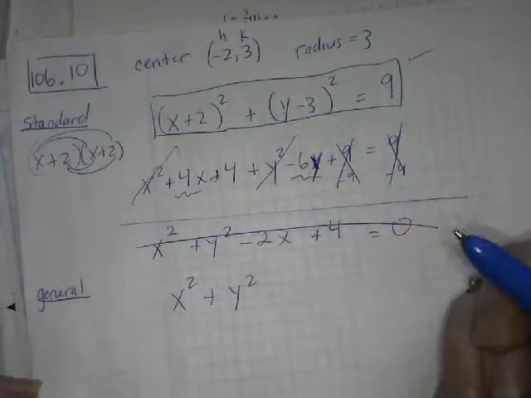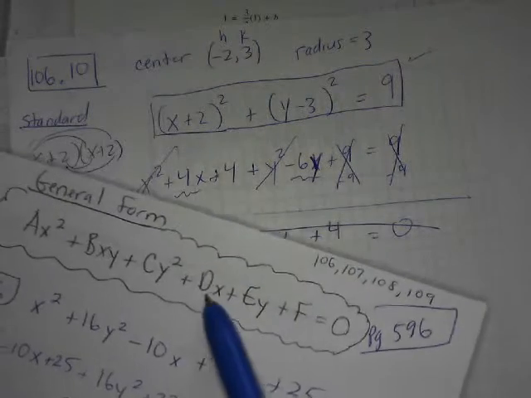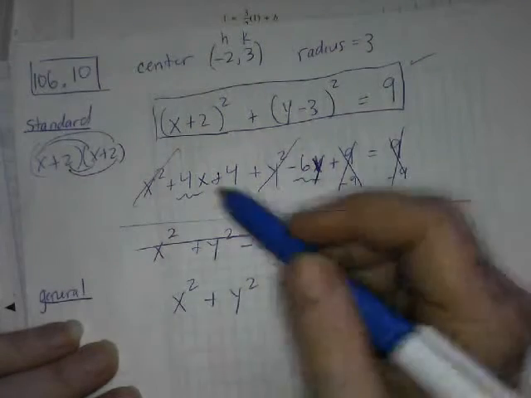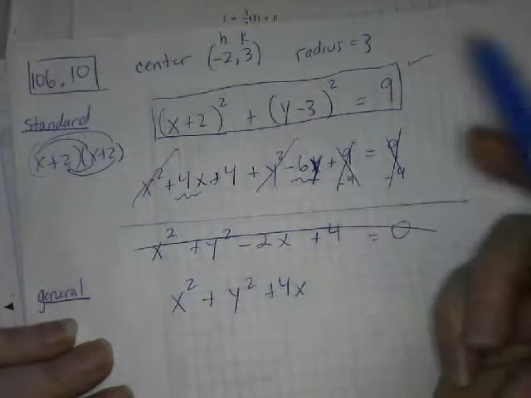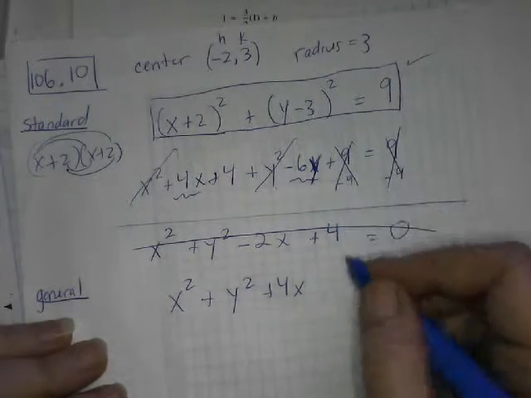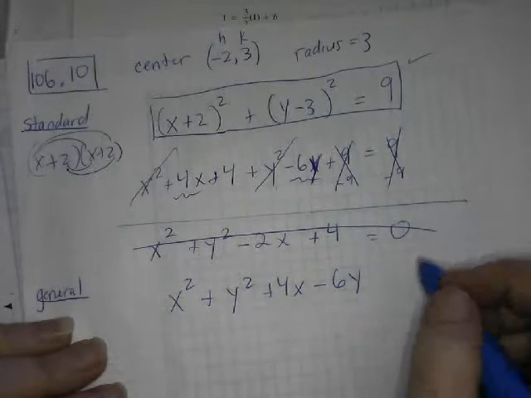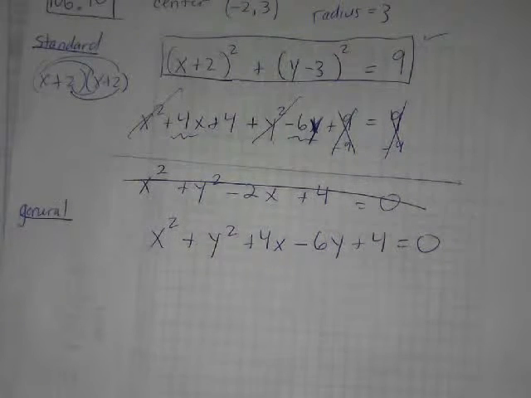Y squared, and then I'm supposed to do the x's, then the y's, then the constant. That was a y. I don't know how it turned into an x. That happens to me a lot. And then the constant was 4. Sorry about that. You can't combine x's and y's. And there you go. That's it for lesson 106.